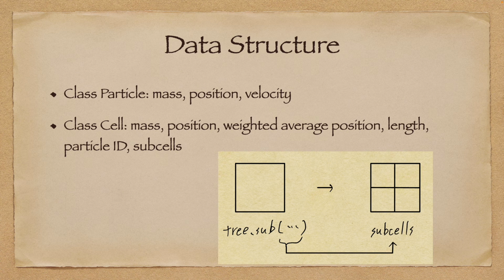The cell class has the data of the cell mass, which is the sum over all particles inside the cell, and will not be removed if the particles are moved into the subcells. Also, it will record the position of the cell as well as the weighted average position of the cell.